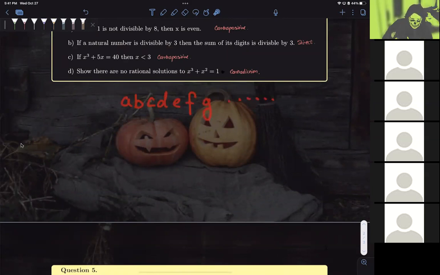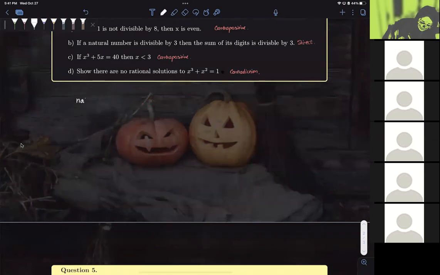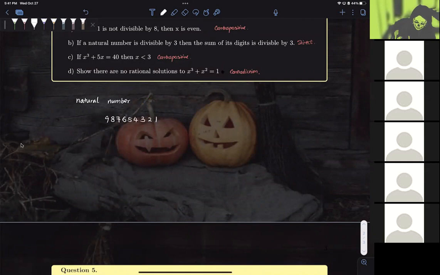Each of those is a digit of the natural number. I'll give you an example, let's consider the natural number 980.